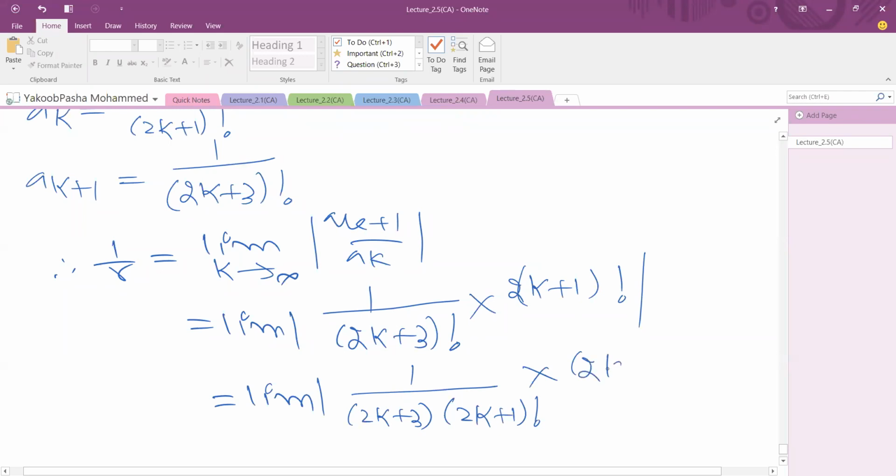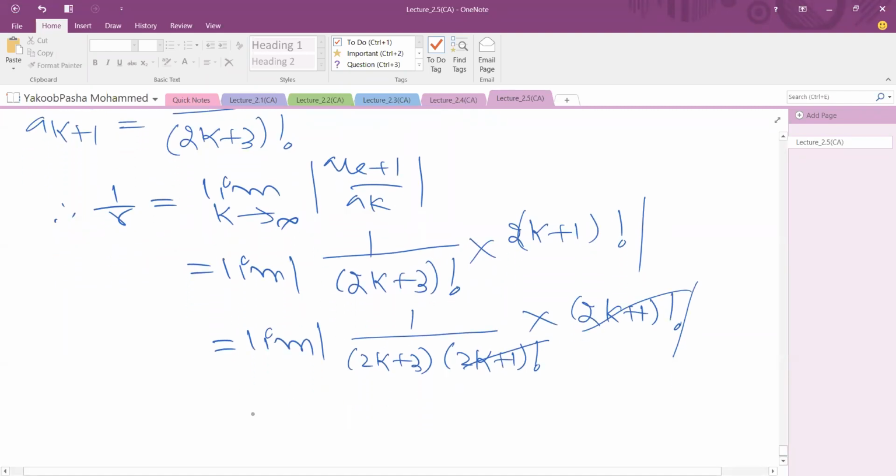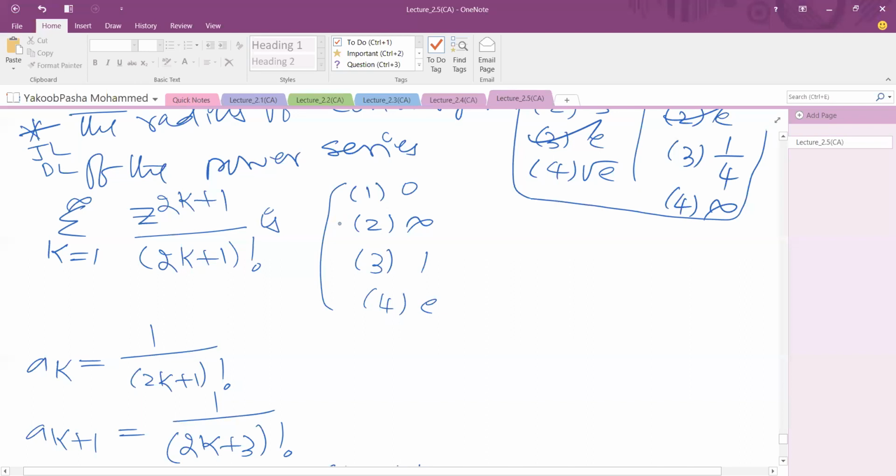Here 2k plus 1 factorial is the same and cancels. So as k tends to infinity, 1 by 2k plus 3 tends to 1 by infinity, that is 0. Therefore 1 by r is 0, and the radius of convergence r is equal to infinity.